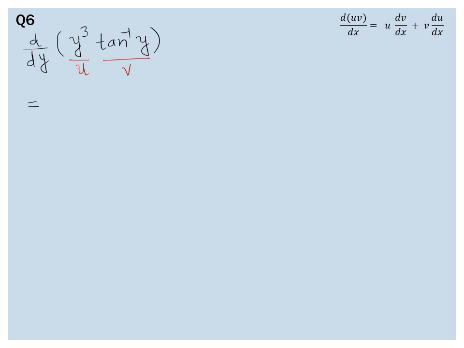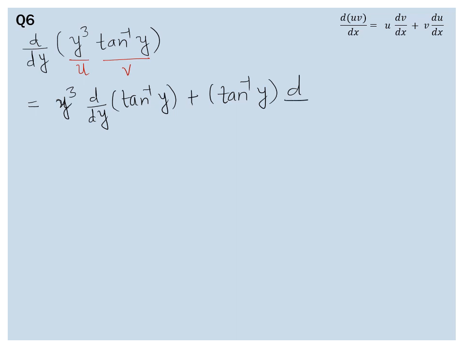Simplifying this further or applying the formula, here it should be y cube into derivative, that is d by dy of tan inverse y, and plus tan inverse y, that is v, into d by dy of y cube, that is u.